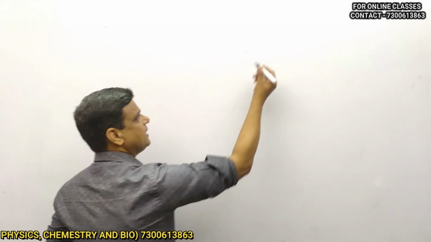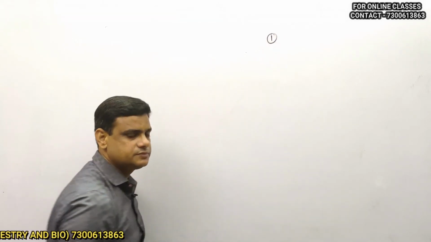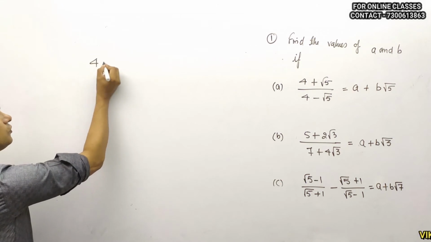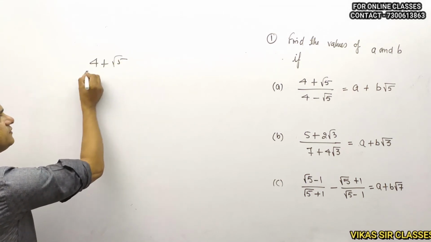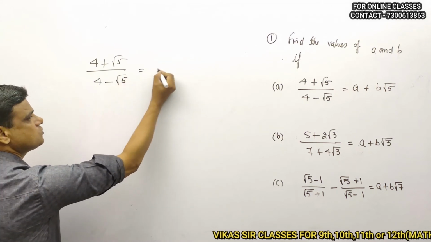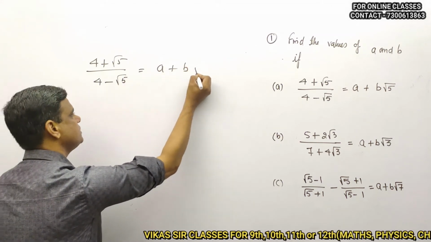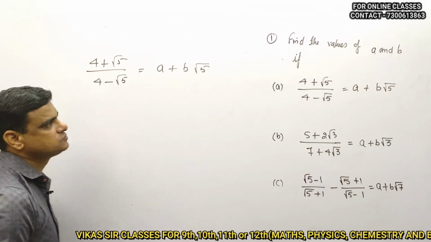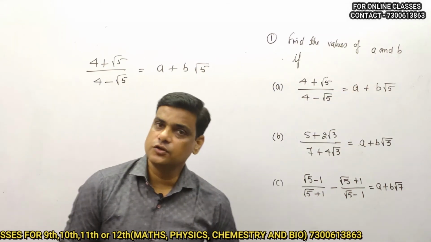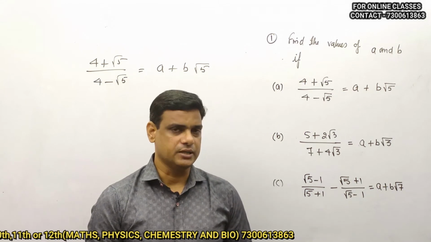The first question I am writing is 4 plus root 5 upon 4 minus root 5 is equal to A plus B root 5, right? And what are we to solve? We are to find the values of A and B.